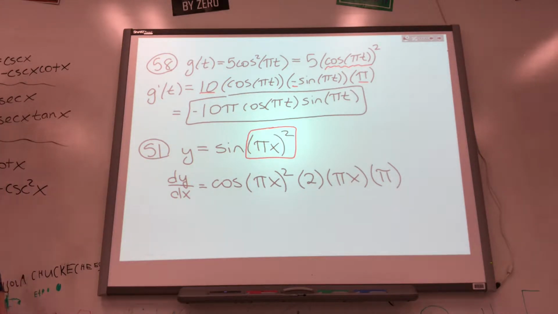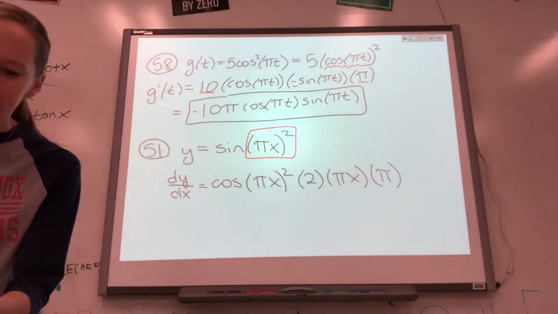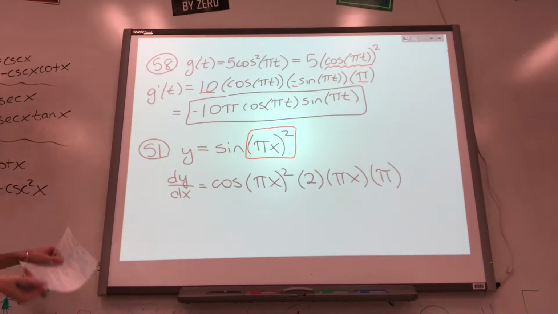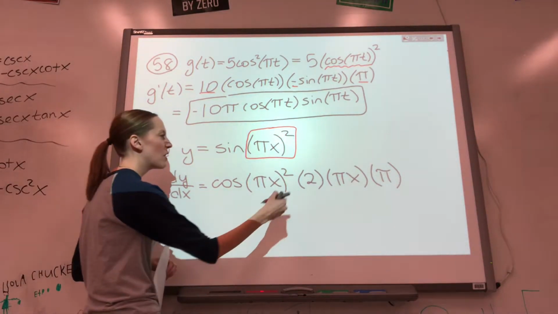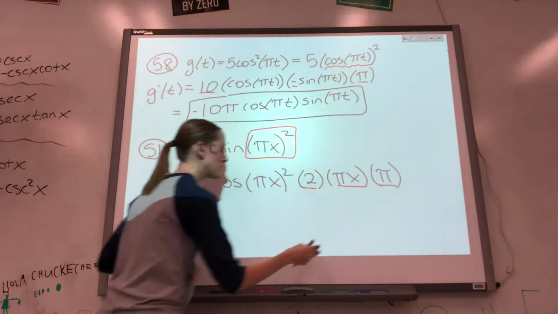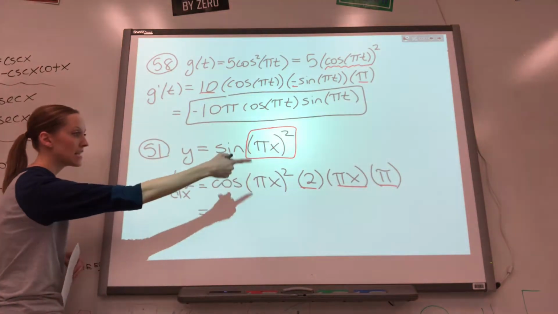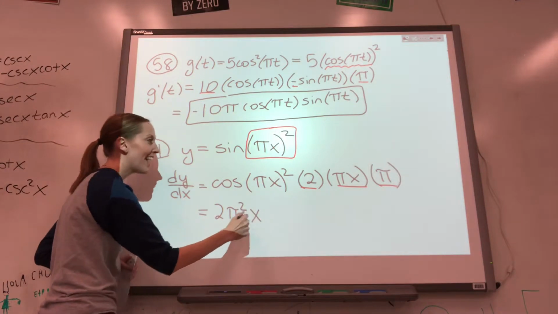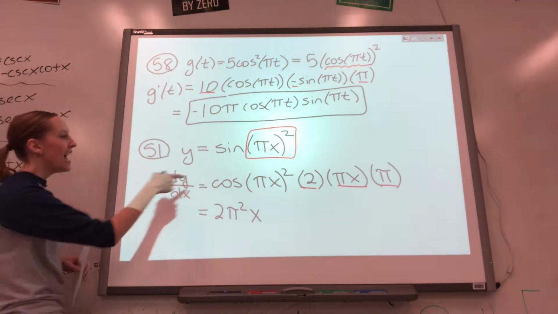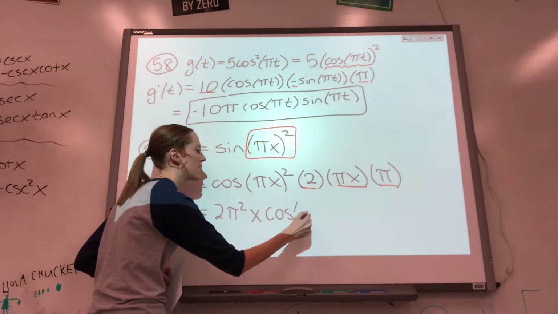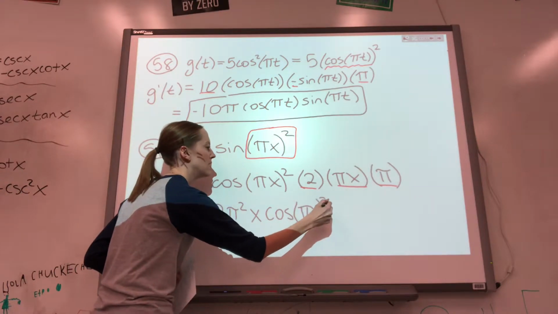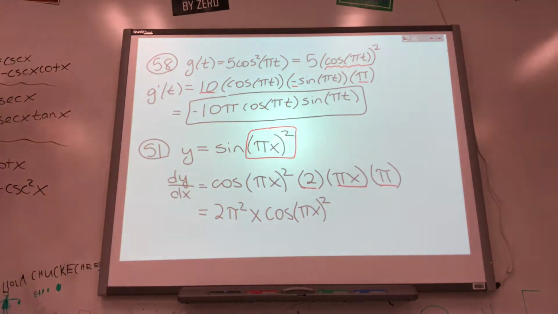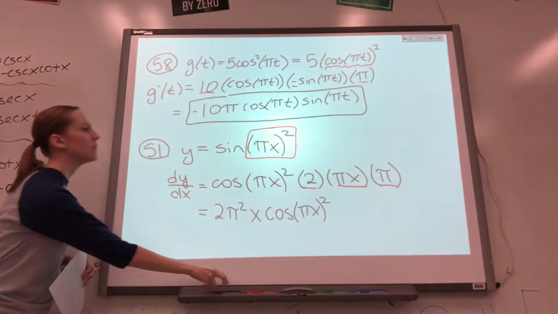So to write this out, I think maybe on 51 I actually called it pi squared. I'm not sure what the book did, but you can multiply all those things together. So I did a 2 pi squared x out front, and then just cosine of pi x squared. So a little bit different on 51.